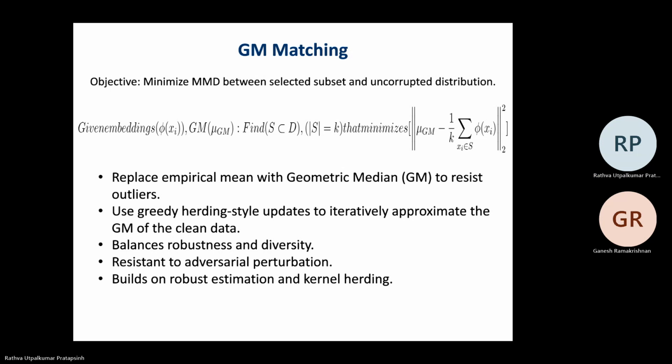What are the known properties of this function, the distance between the geometric mean? I can't get your question exactly. Mu is given as the geometric mean. No, it's a mean. So the geometric median. Mu is given as the geometric median.